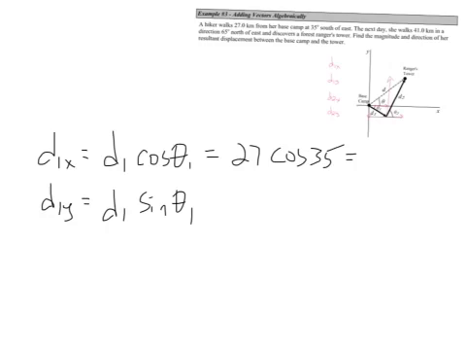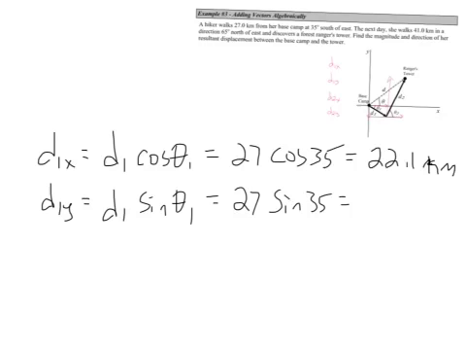So when we substitute in our values, we've got 27 kilometers and an angle of 35 degrees, so our D1x ends up 22.1 kilometers. For D1y, we throw in 27, that's D1, sine of 35, which is 15.5.